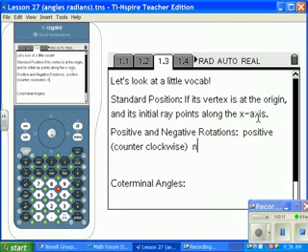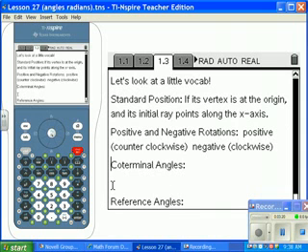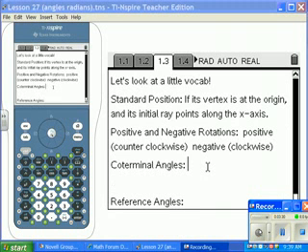So counterclockwise, and what do you think negative is going to be? Clockwise. So if you're going positive rotation, you're going counterclockwise. Negative, you're going clockwise.